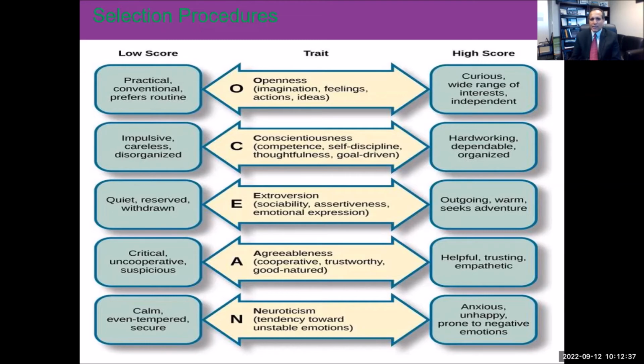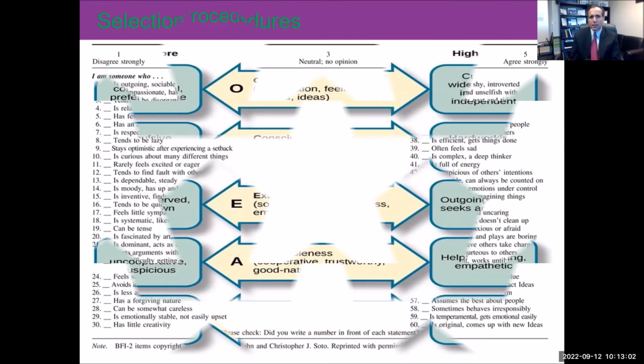And neuroticism is associated with tendency towards unstable emotions. So look at these outcomes for low score individuals and high score individuals. And again, you make a determination of the person's qualifications, his or her personality, and overall fit for the job and for the department and for the team.